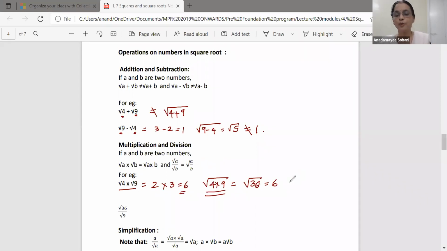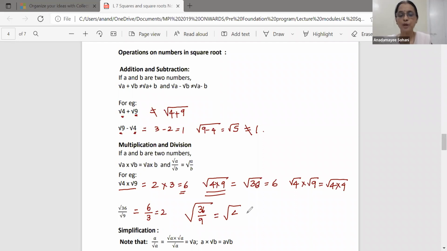So if it is multiplication, I can combine both the numbers under a common root sign and find the answer. Similarly, if it is division, root 36 is 6 and root 9 is 3. 6 upon 3 is 2. And what is root of 36 upon 9? Root of 36 upon 9 is root of 4, which is 2.